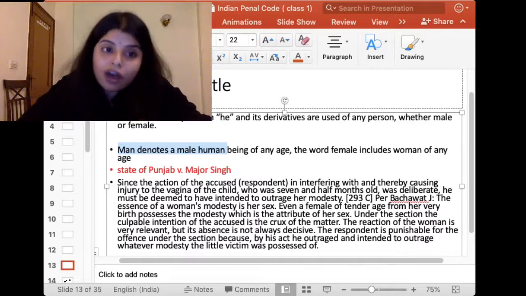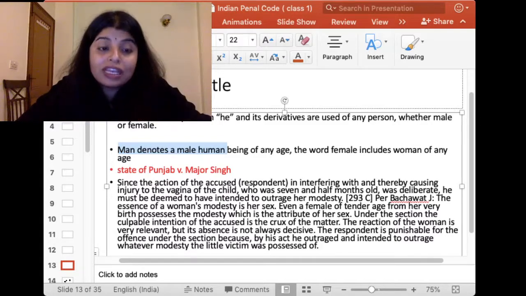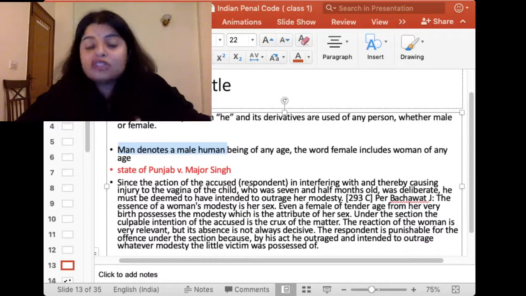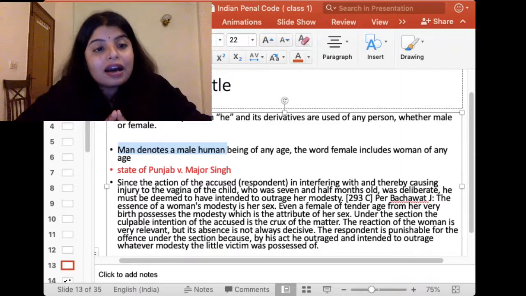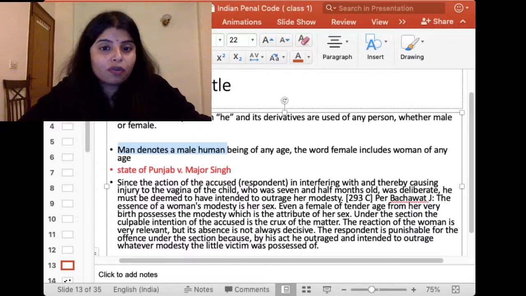That means if a female is 5 years, 5 months, 2 months, 1 month, or even an old woman of 100 years, all will be considered women, and whenever something wrong has been done to them such that their modesty has been outraged, Section 354, that is outraging the modesty of a woman, will be applied against the accused, and the accused shall be punished for outraging and intending to outrage whatever modesty that little victim or an old victim possesses.